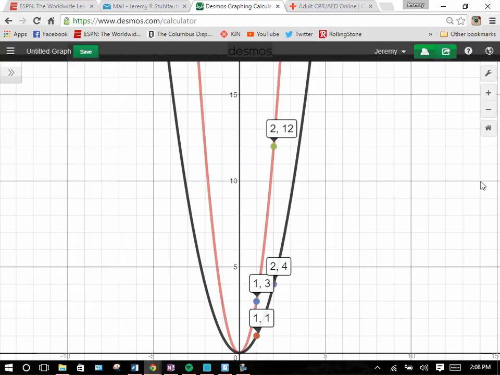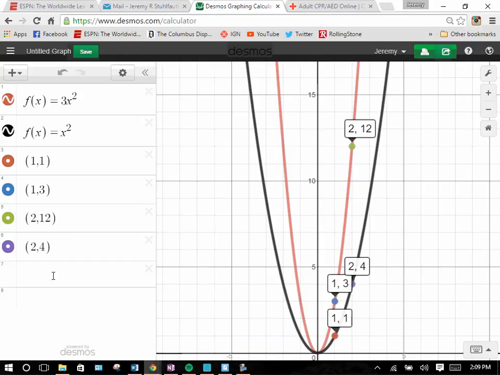Yeah, negative. So, Michaela asked a good question. She asked, could it ever be negative 3x squared? Well, Michaela, you tell me. If I type in negative 3x squared, so here's the graph 3x squared, right? What's going to happen?